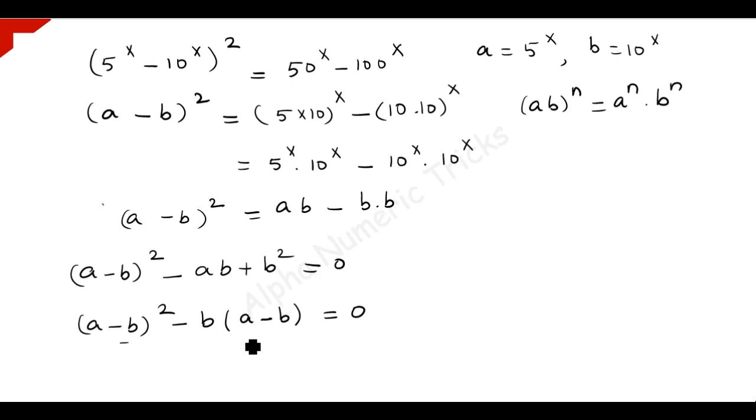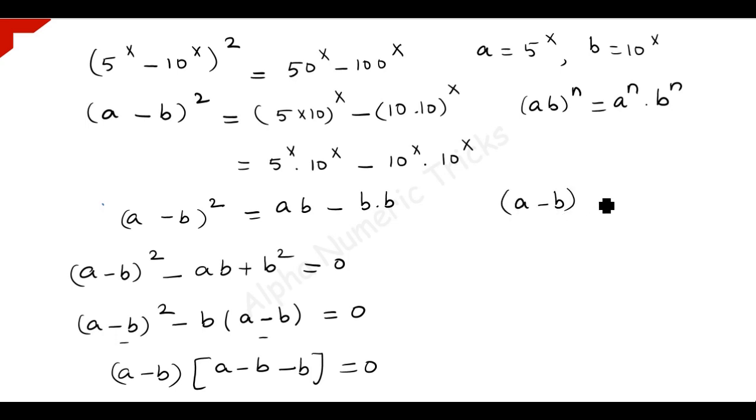So from this you can take one (a − b) outside. So (a − b) times, after taking one (a − b), another (a − b) is left out, and minus b is there, is equal to 0. So from this we have (a − b) times (a − 2b) is equal to 0.